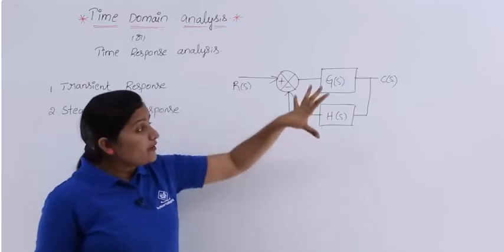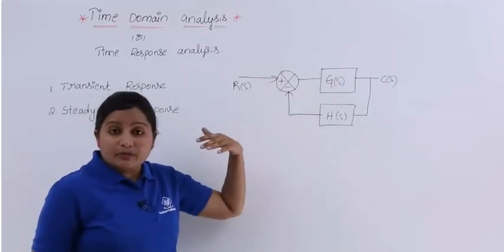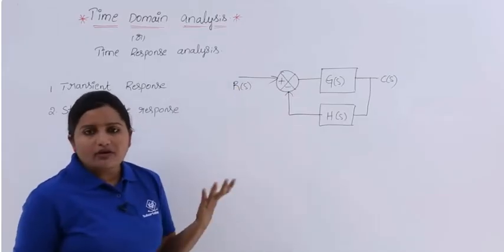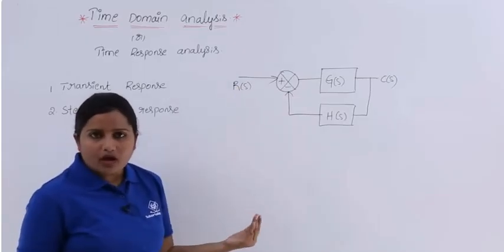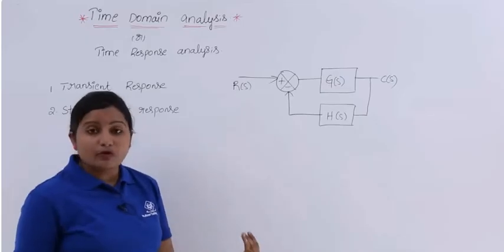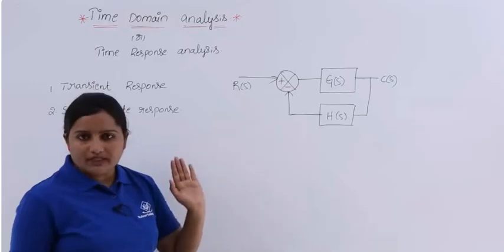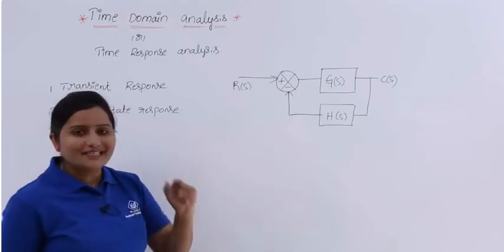For example, if you want to do time response analysis for this system, you need to find the output with respect to time. That means you need to get C of t.